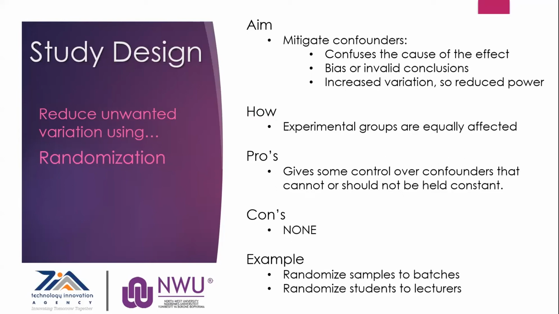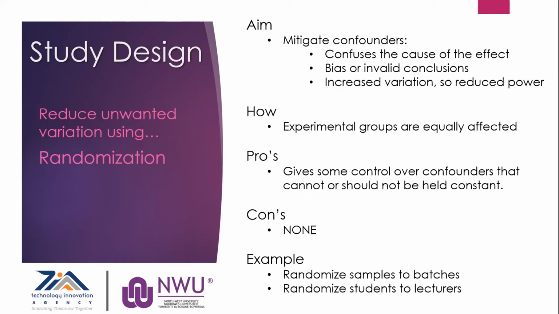So that even when you evaluate province and you see that it might have an effect, then all provinces are equally represented in your treatment and control groups or whatever your design may be, and that reduces the influence of that confounder, because a confounder essentially again reduces your power, and in some instances can even bring in bias and you can draw invalid conclusions. So bottom line is, make sure that your confounder is equally represented across all your experimental groups. Okay.